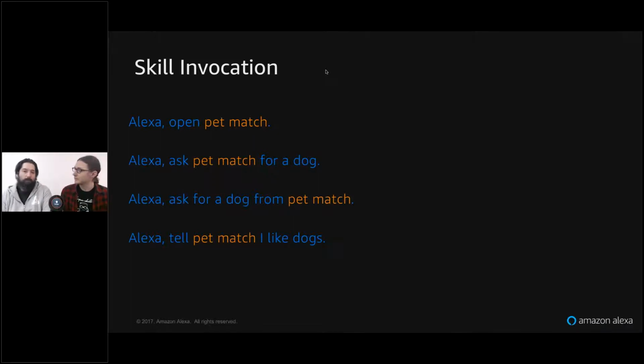Yeah, and again, a bunch of the people joining us today have built skills, but we don't know how long ago that was. If you're very old school, before, you had to have this pattern where you would say the wake word, then the carrier phrase, like open, launch, start, and then your invocation name, and then you could have an utterance.